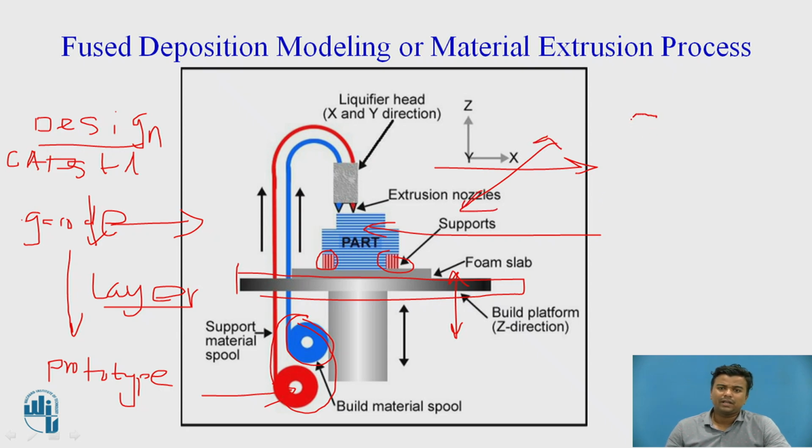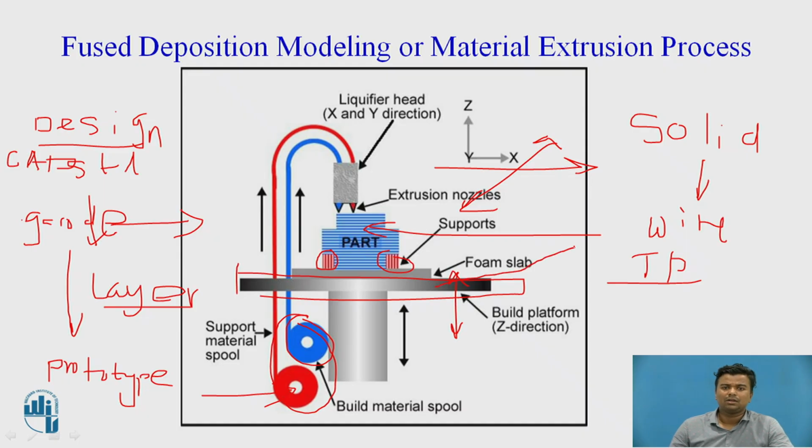The form of the material in fused deposition modeling is solid, in wire form, and it is a thermoplastic material. Now you have to preheat the build platform. Also you have to preheat the extruder or nozzle. The nozzle diameter varies from 0.2 to 0.8 mm.